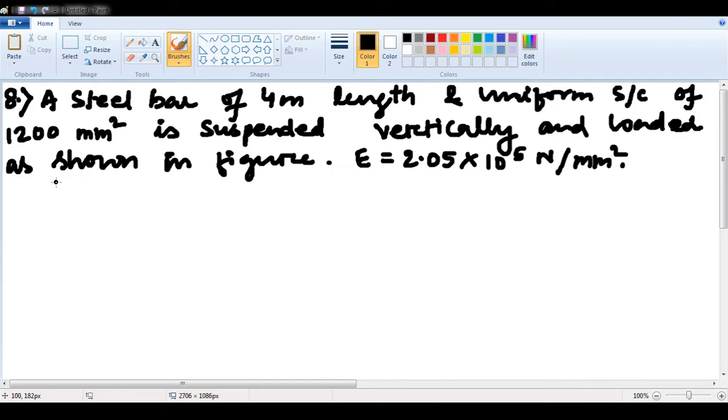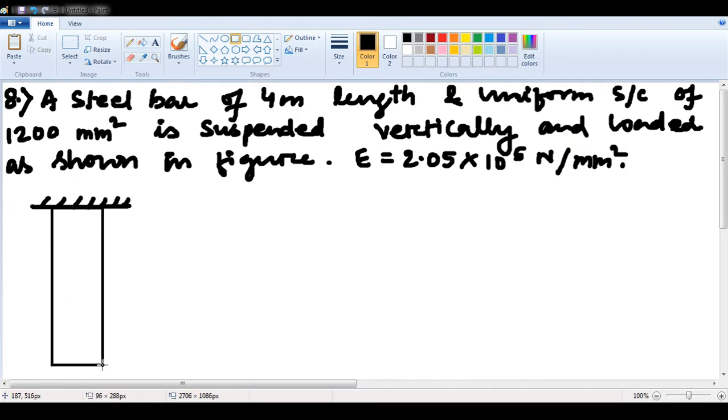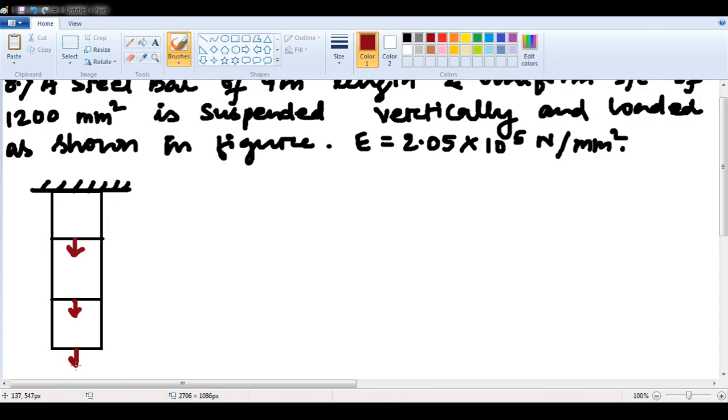Okay, and the figure is this, and what else is given is a load shown here, as well as a load shown here, as well as here.